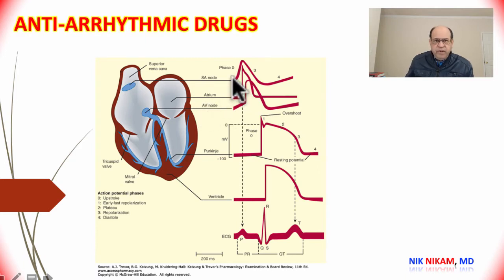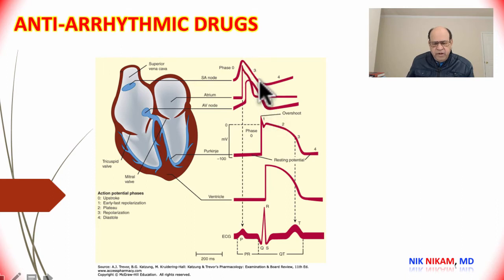For example, the sinus node has an intrinsic rate of 60 to 100 beats per minute. How does the sinus node function without an external impulse? Actually, the resting membrane potential, which is flat in myocardial cells, is different in the sinus node and in the AV node.